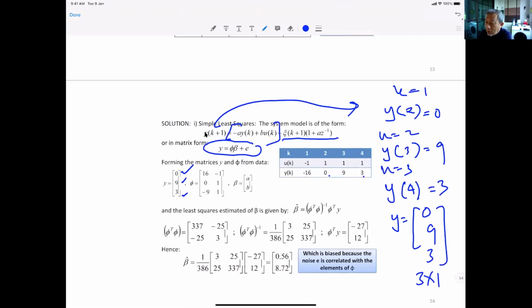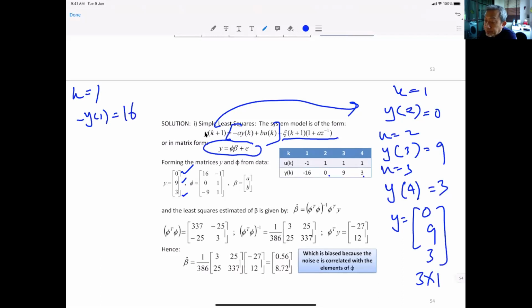So again, we construct matrix theta. For k equal to 1, y1, so minus y1, because the equation is minus, so y1 is minus 16, so minus minus 16 gives 16.